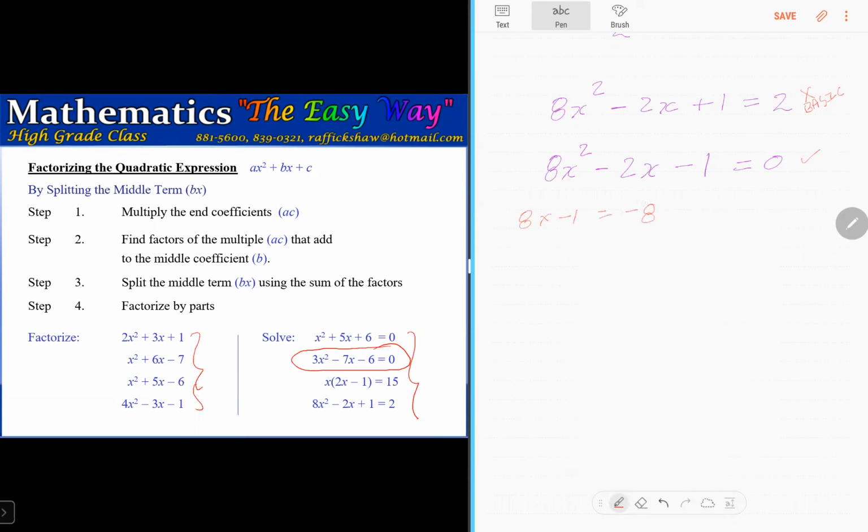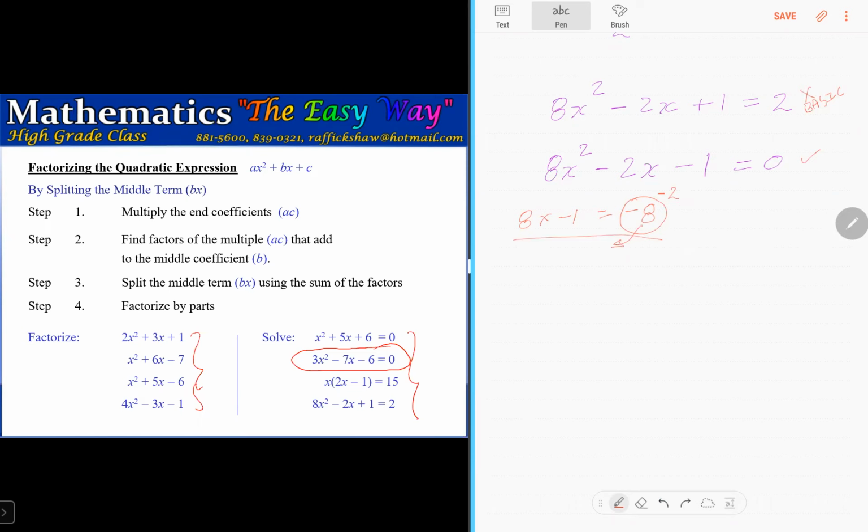We want factors of negative 8 that add to the middle coefficient of negative 2. Since we want factors of negative 8 here, one factor will be positive and one factor will be negative. Give the larger factor the sign of what we want up here, the same sign. So the larger factor must be negative.